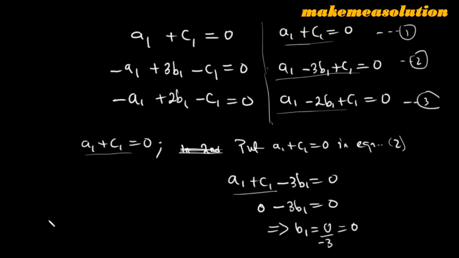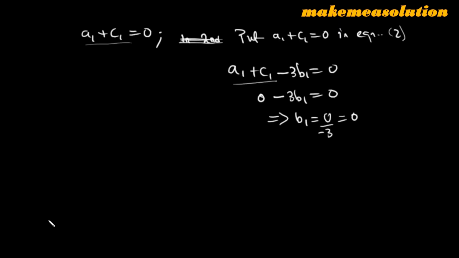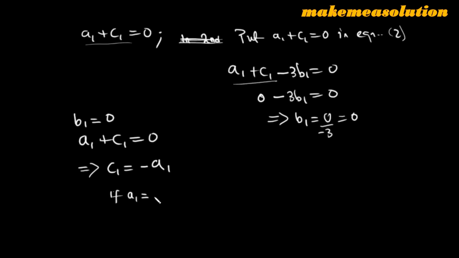Therefore, how do we now establish the relationship between the three of them? We've gotten that b1 is equal to 0 and a1 plus c1 is equal to 0. So let me express c in terms of a: c1 is equal to negative a1. With this, you can now assume a value. If a1 is 1, what will c1 be?